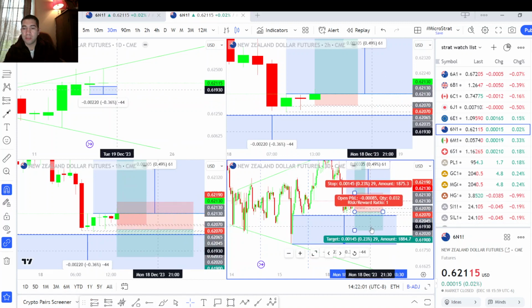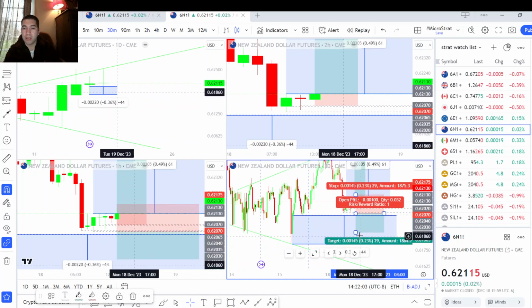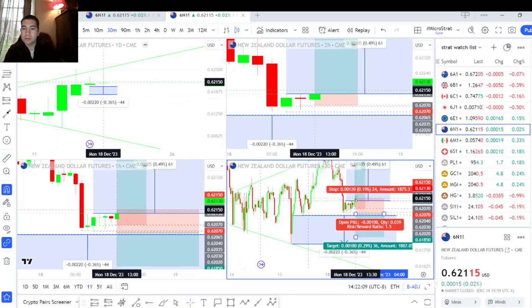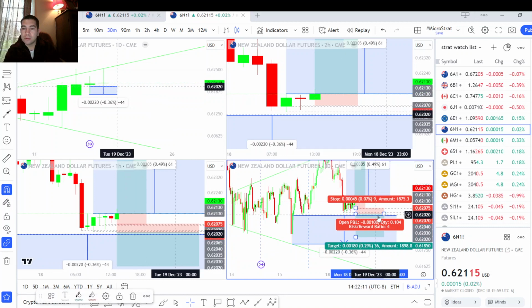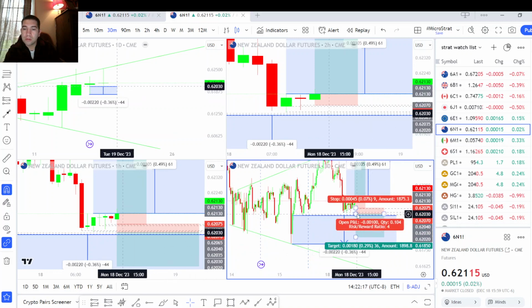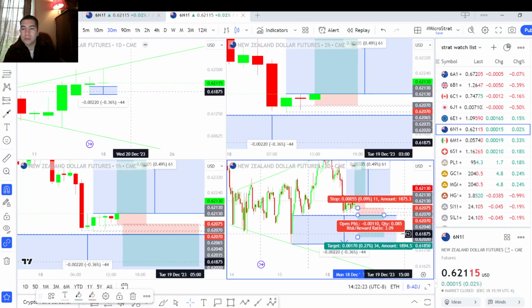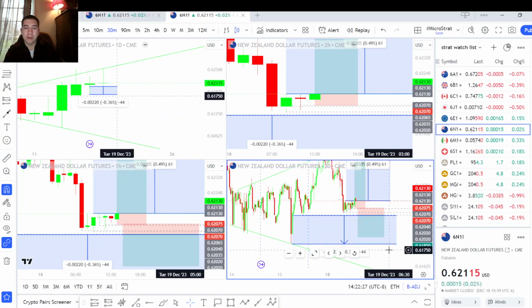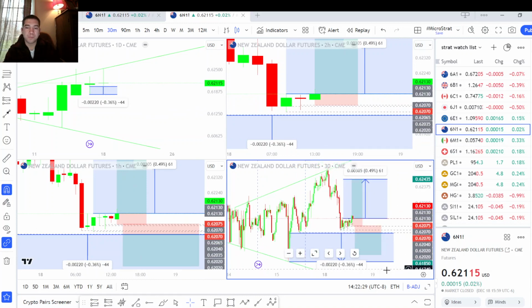Now we would be getting in probably about right here. So, I mean, it's about the same trade, 3 to 5R, depending on how it goes.